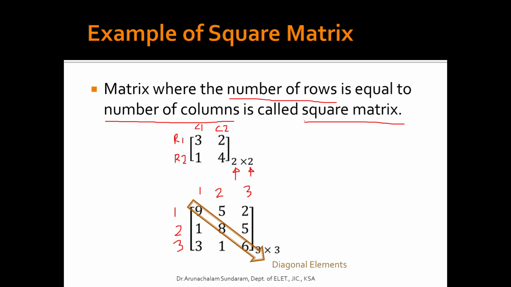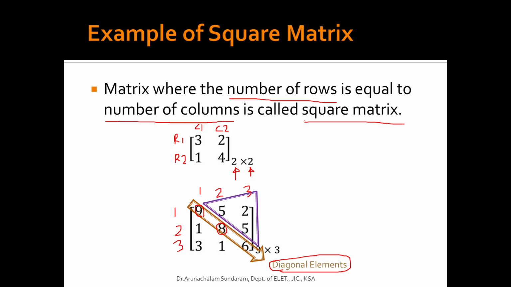What is the subscript for 9? 9 belongs to row 1 and column 1. And 8 belongs to row 2 and column 2. You will find that the row index and the column index are the same. If they are the same, then those elements are called diagonal elements.